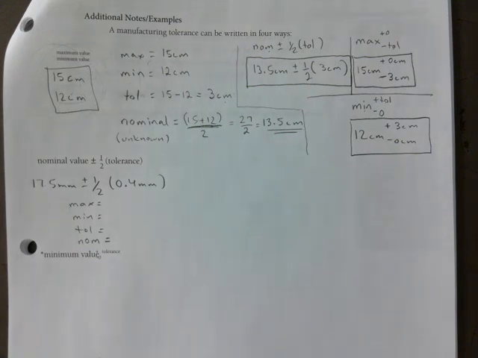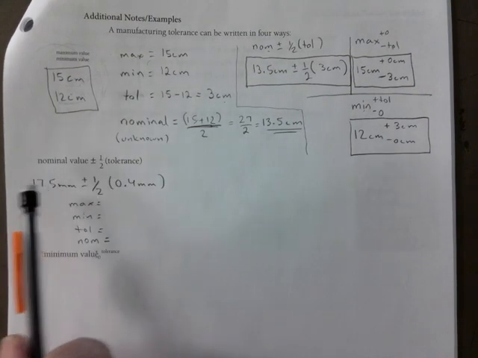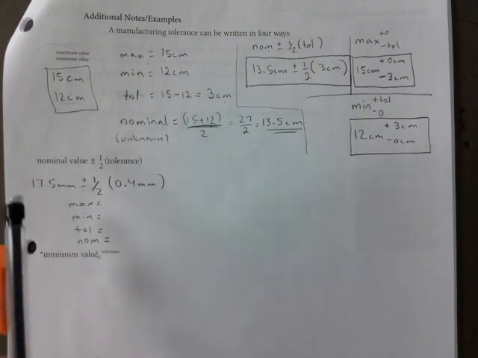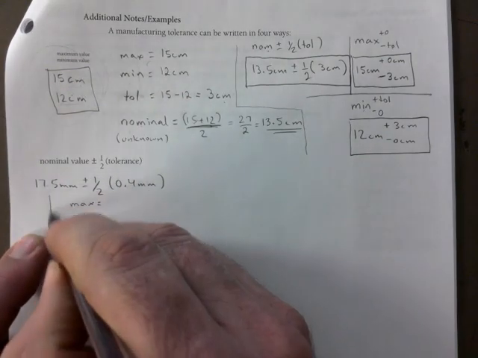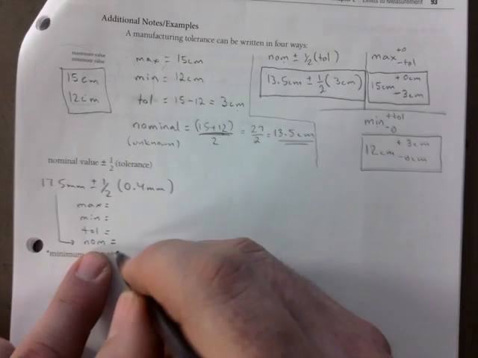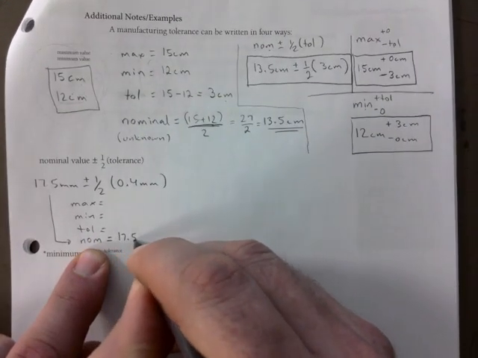Which one do I know right off the bat? I highlighted it on the previous one. Somebody says tolerance. I'm thinking nominal, just because that's the first thing I see when you read it. So that goes right here. It's given. You don't even need to calculate that.